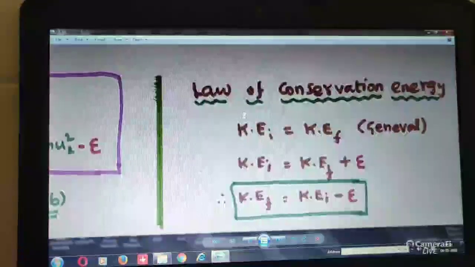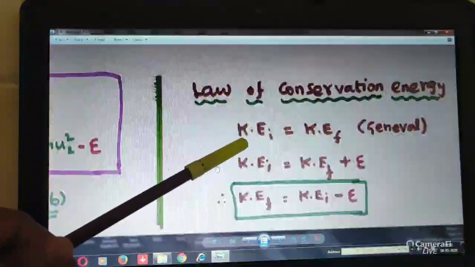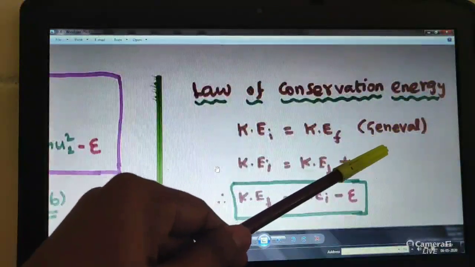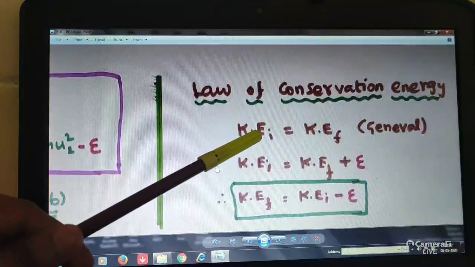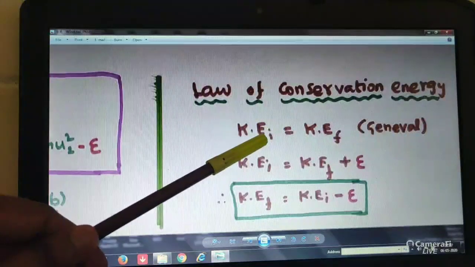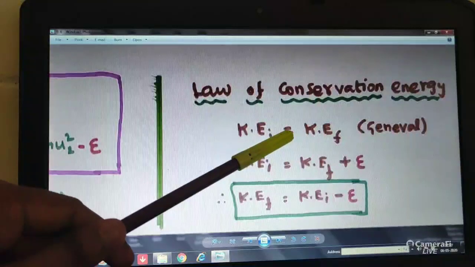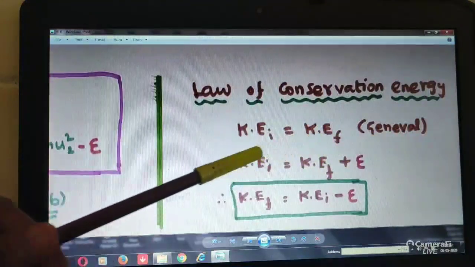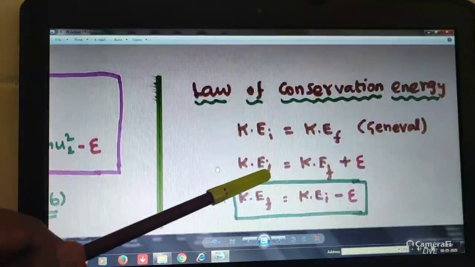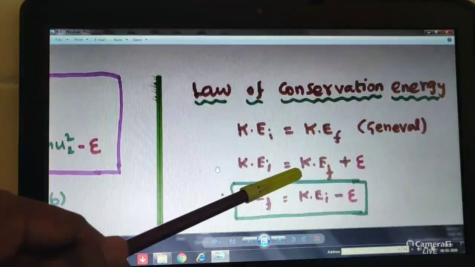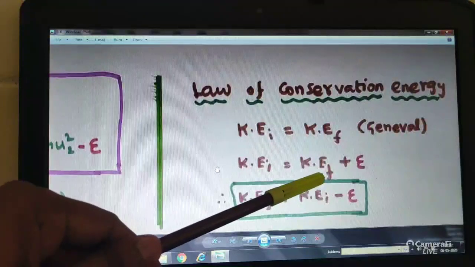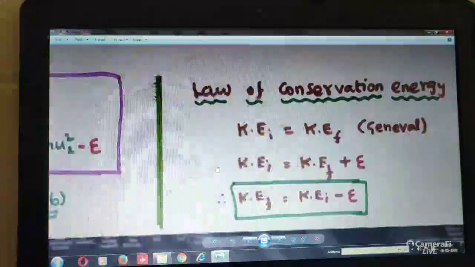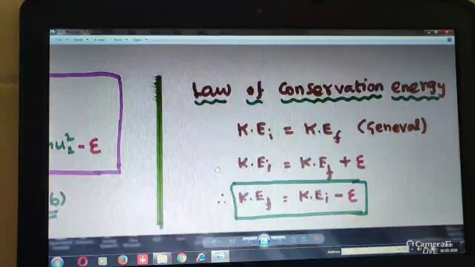We know from the law of conservation of energy, generally, I mentioned here, kinetic energy in the initial case, that means before collision, is equal to kinetic energy after collision, plus some absorption energy that happens here.